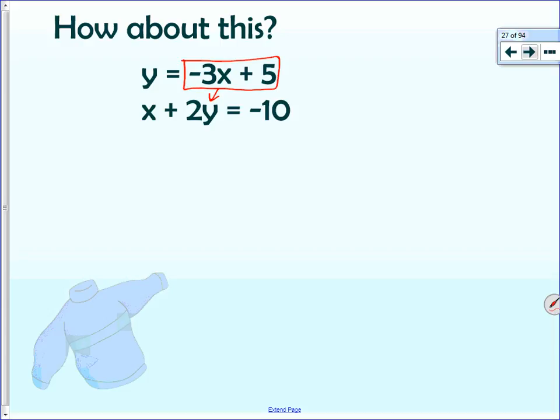Then I'm going to rewrite that equation with y substituted in. So I write x plus 2, but instead of writing y, I'm going to write what y equals. Negative 3x plus 5. And then equals negative 10.